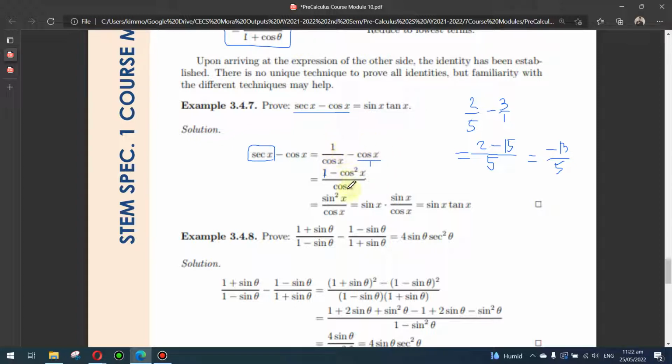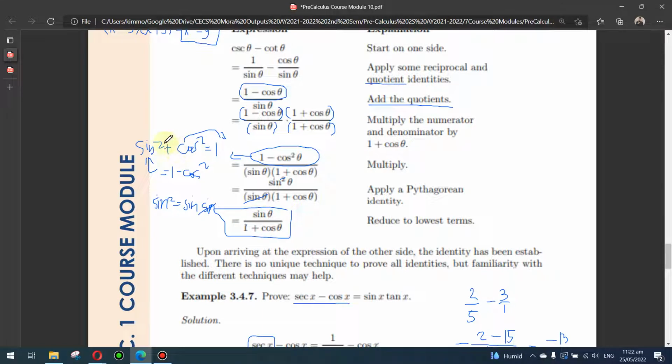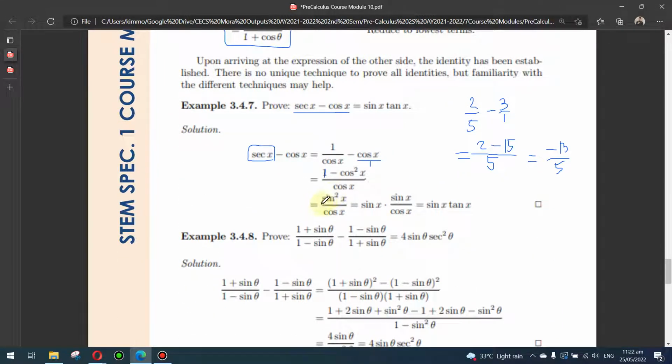Okay. After that, kaning numerator gamitan nato siya og unsa man nga identity? Pythagorean, no? Nga identity katong sine squared plus cosine squared is equal to 1, no? And this is actually equal to sine squared. So natay sine squared over cosine.